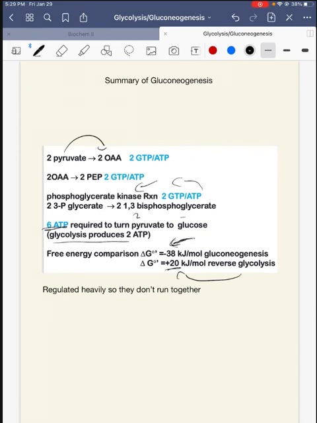So all those bypass reactions we used helped us make the reaction spontaneous. And then glycolysis and gluconeogenesis are both heavily regulated, because you don't want them to run at the same time, otherwise you'll just be wasting energy all the time.